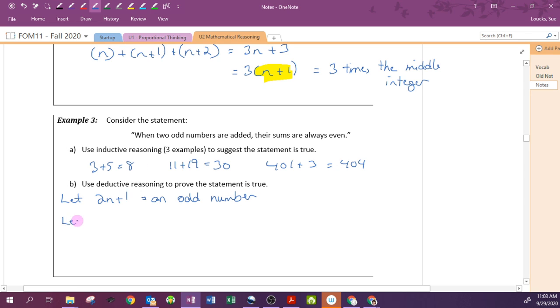But I need another odd number as well. And I can't say 2n plus 3 because 2n plus 3 is in fact an odd number, but it's a specific odd number, which is like the next odd number, and I don't want that. So I'm going to use 2m plus 1 as another odd number.